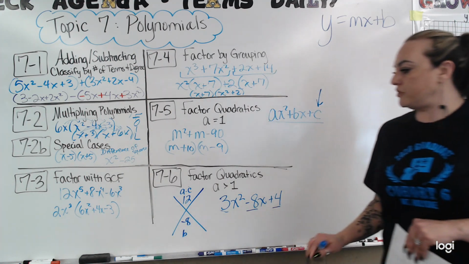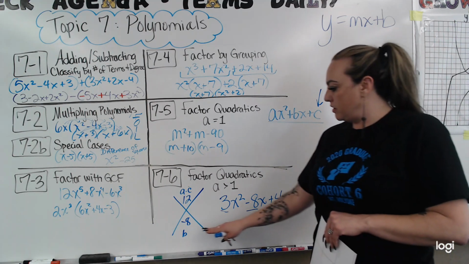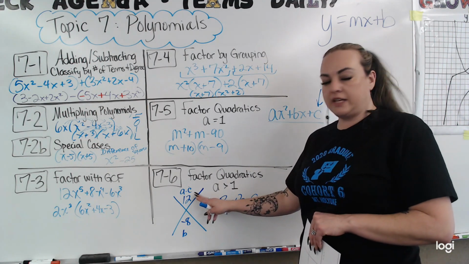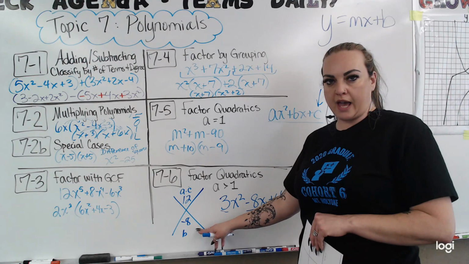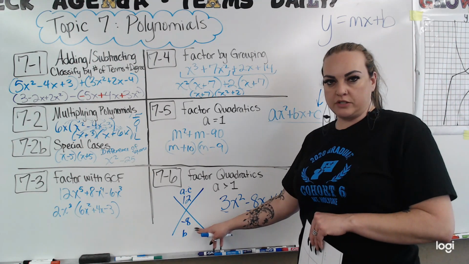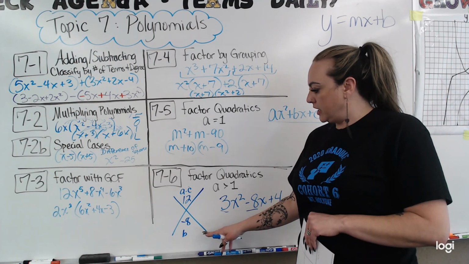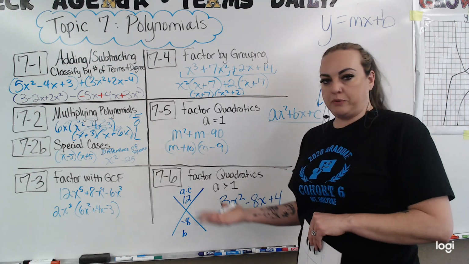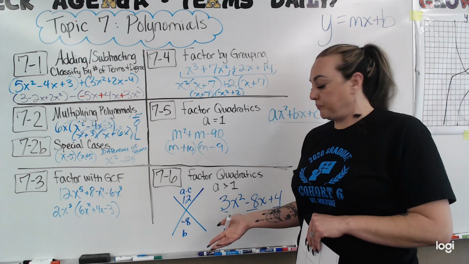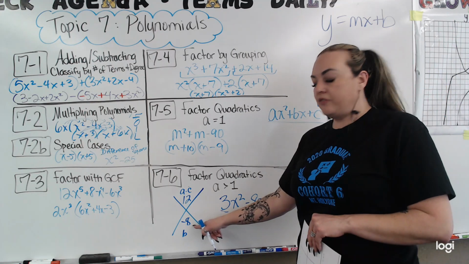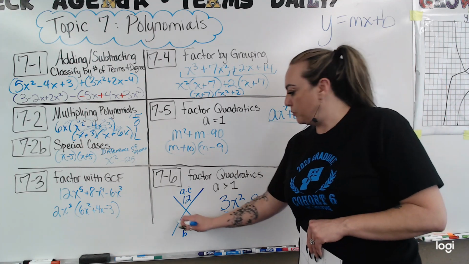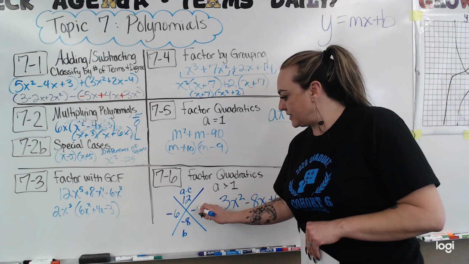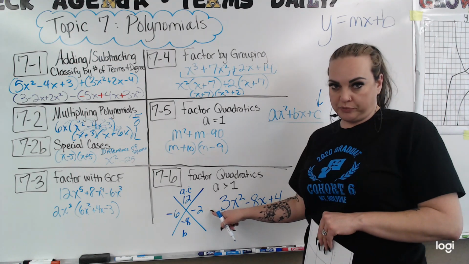So we're looking for two numbers that will multiply to give us 12 and can be added, put together to give us -8. So I know it can't be 3 and 4, so now I'm thinking 6 and 2. Well, I need a positive 12 and -8 when I combine them, which means I must need -6 and -2.